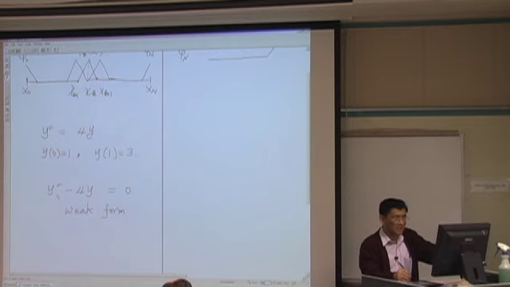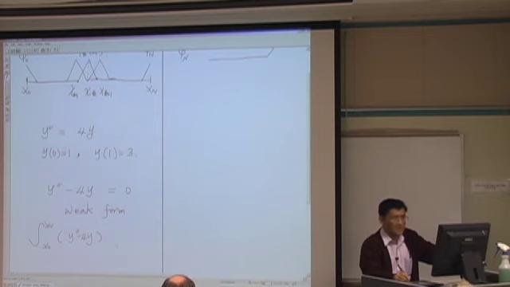coming from the integral. In other words, we do the integral from, for instance, this endpoint x0 to xn of the function, right?